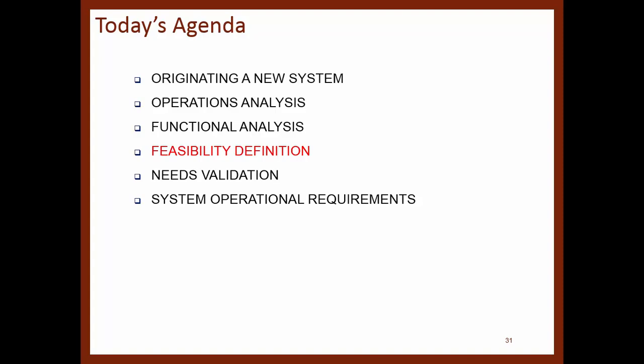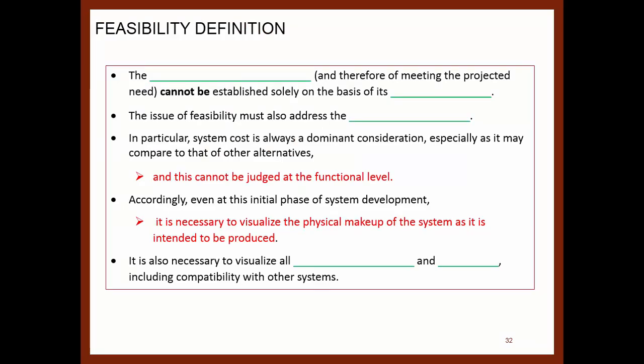In terms of feasibility definition, the feasibility of a system concept cannot be established solely on the basis of its functional design. The issue of feasibility must also address the physical implementation. In particular, system cost is always a dominant consideration, especially as it may compare to other alternatives.